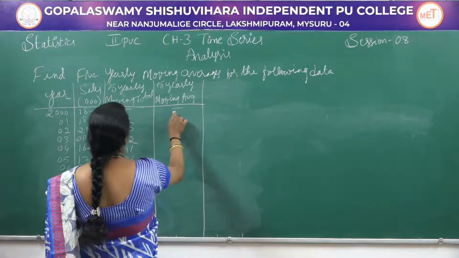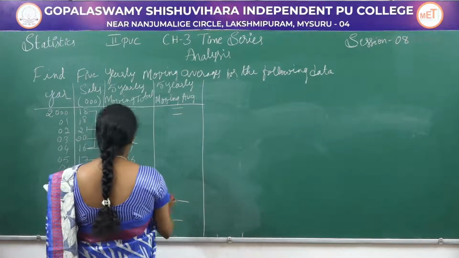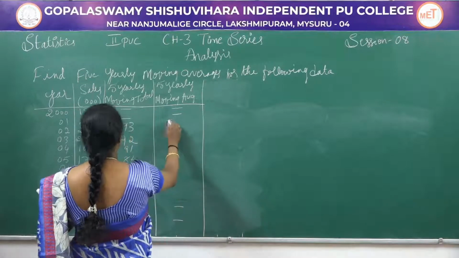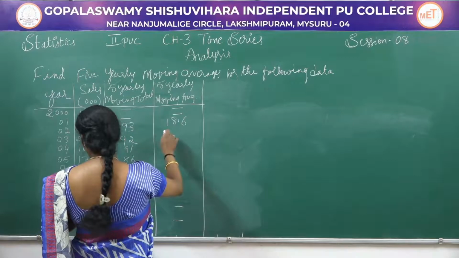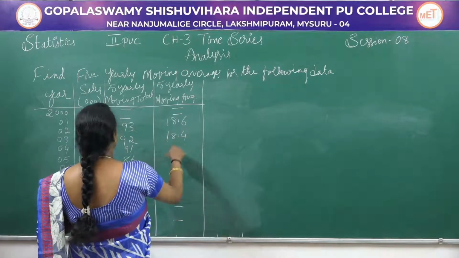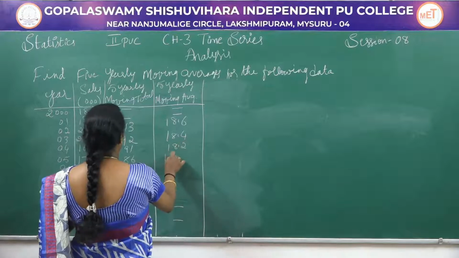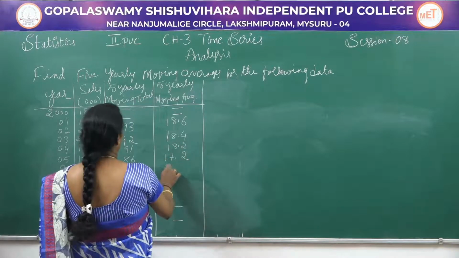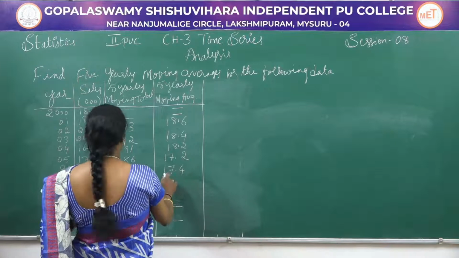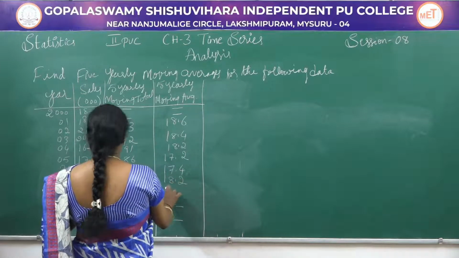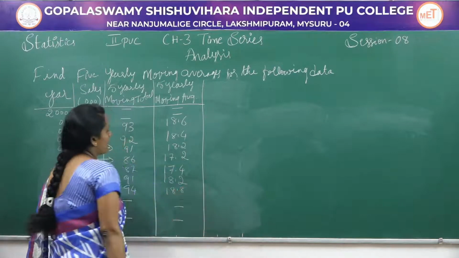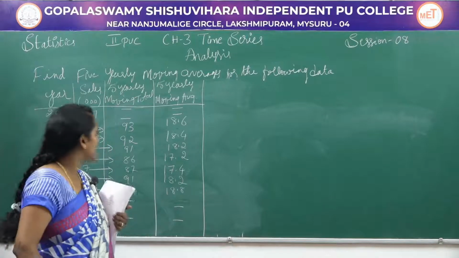The first 2 and last 2 will be blank, and the remaining I am writing. I should divide this total column, each and every number, by 5, because we have added 5 numbers. So here we are taking the average, so we have to divide that by 5.